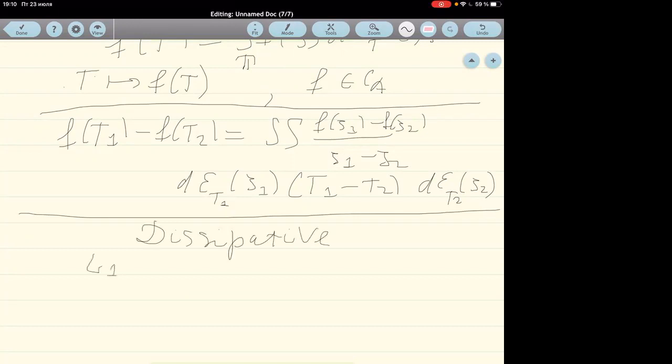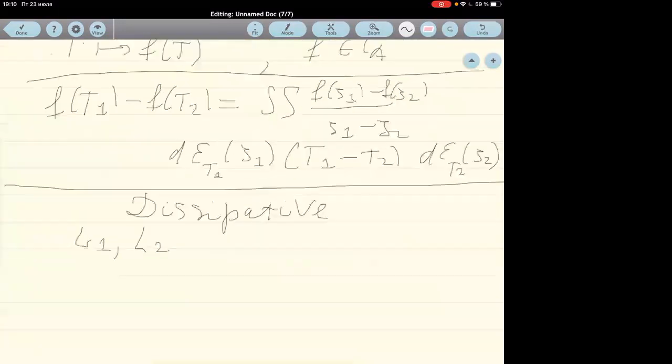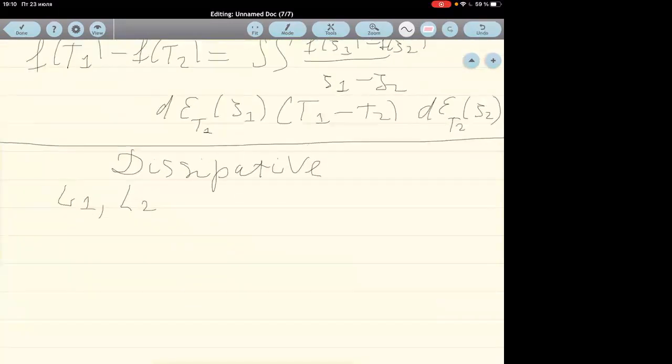Suppose that L1 and L2 are maximal dissipative operators, then they also have semispectral measures.